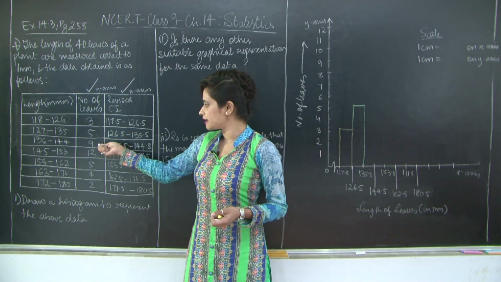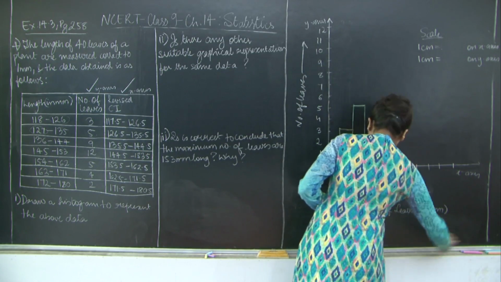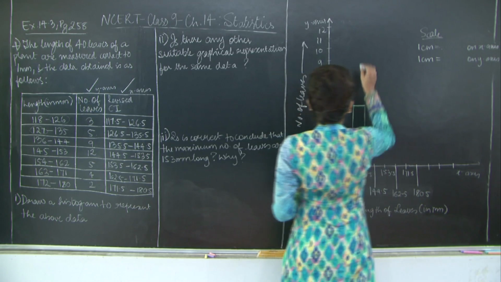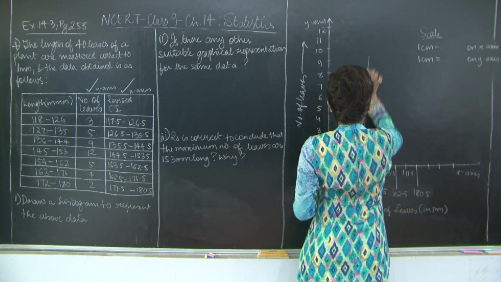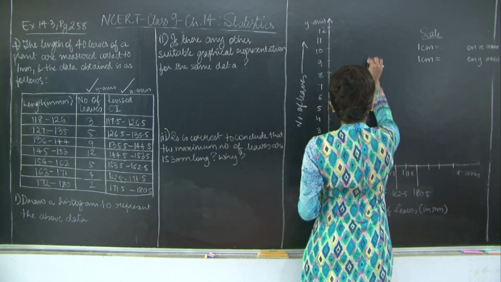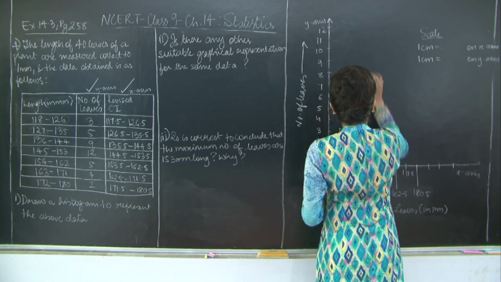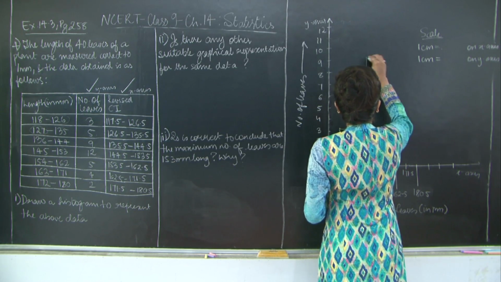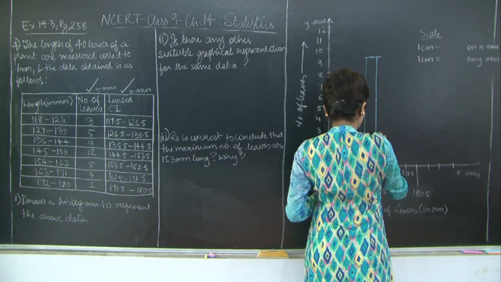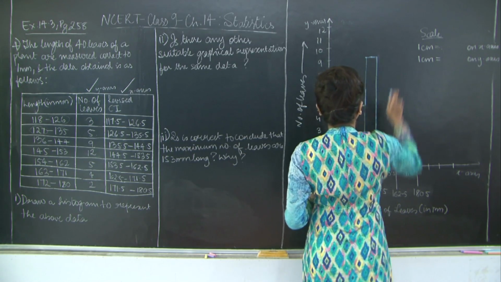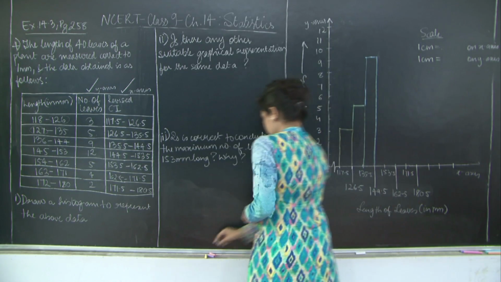Then the other one is 9, which is in this class interval. So let's draw this. I have 9 out here. Then the other one is 12. So 12 is going to be here.